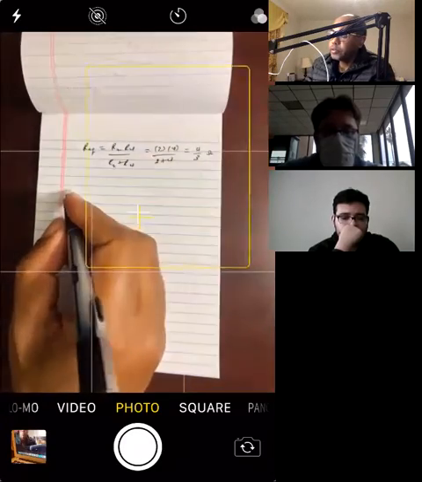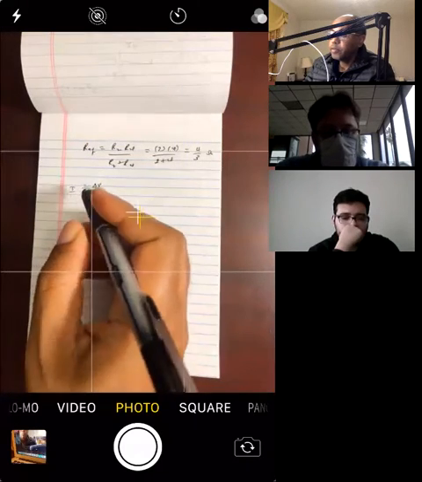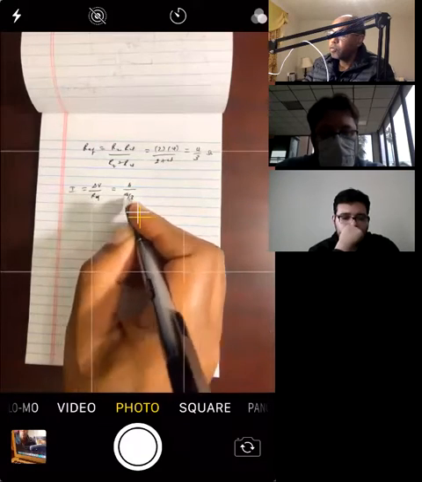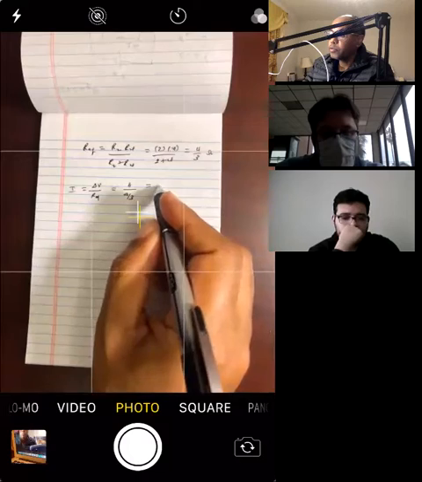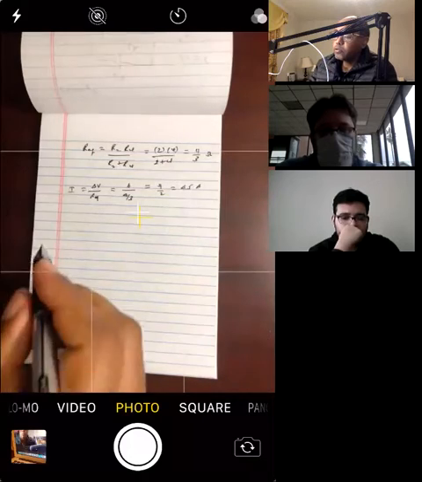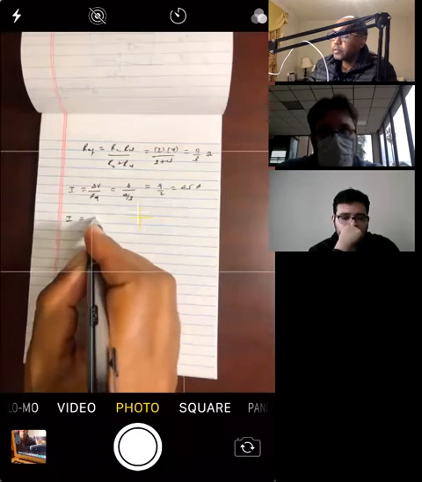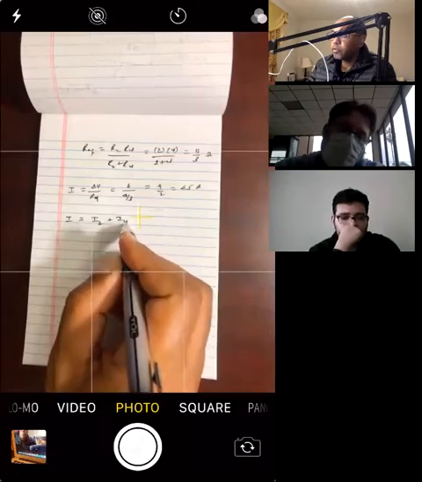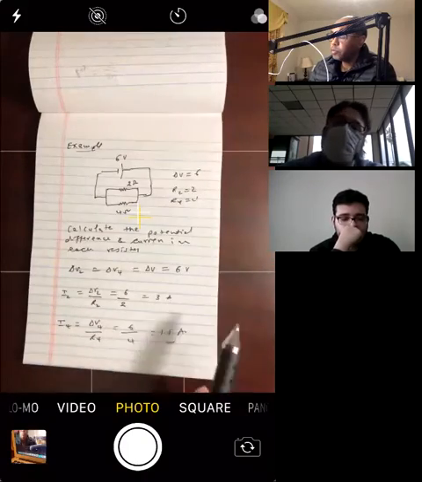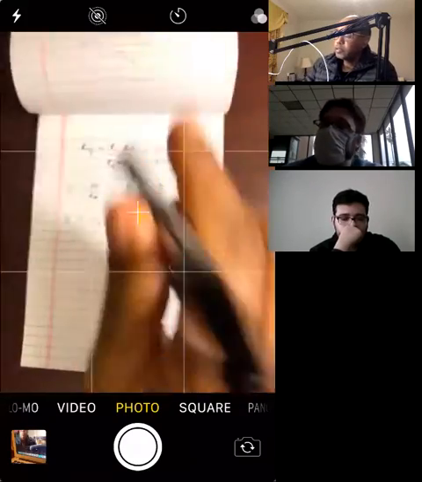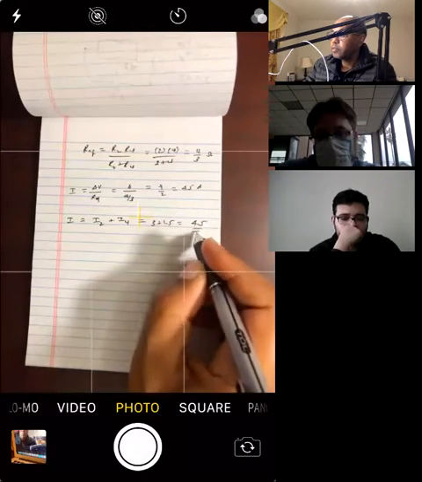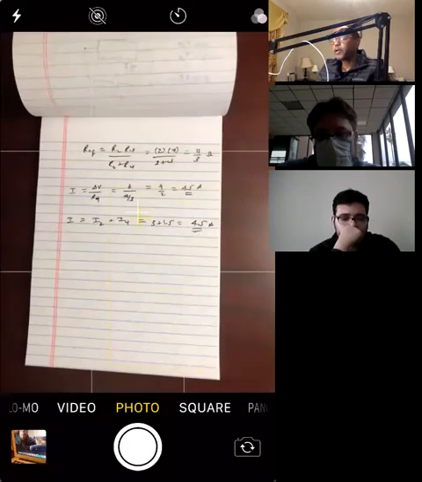The total current is delta V divided by Req, so that is 6 divided by 4/3. That's 18/4, or 9/2, or 4.5 amps. But you can also calculate the total current by simply adding the currents I2 plus I4. We already calculated those: one of them is 3, one of them is 1.5. So 3 plus 1.5 gives you 4.5. You get the same thing either way.